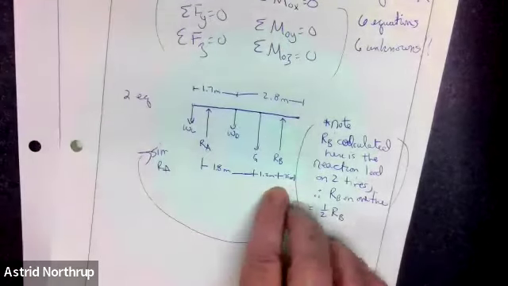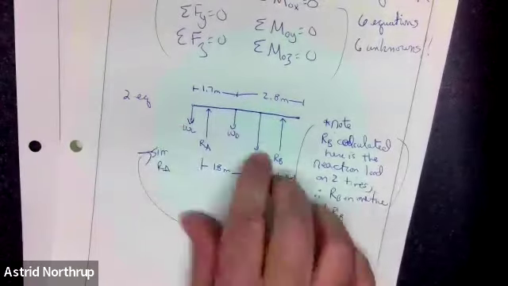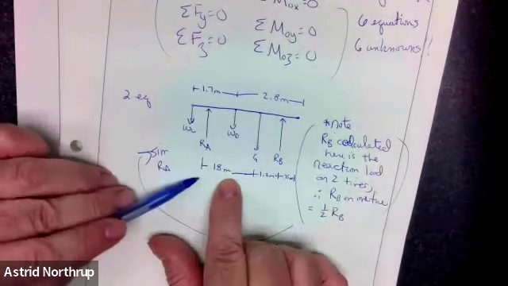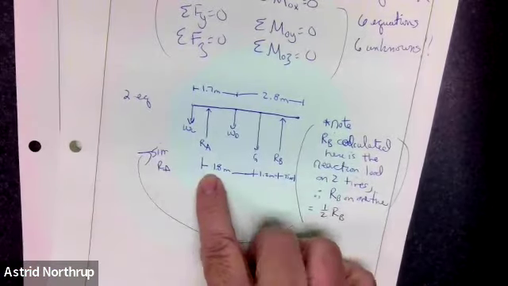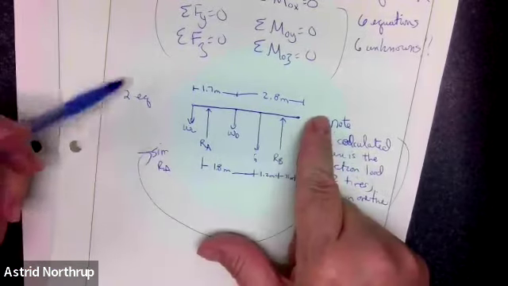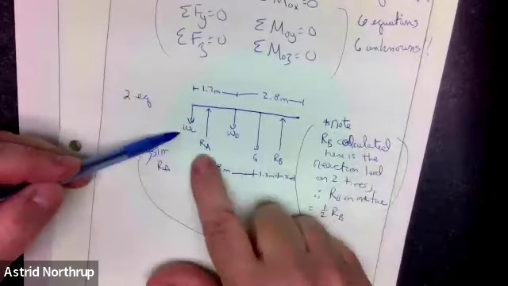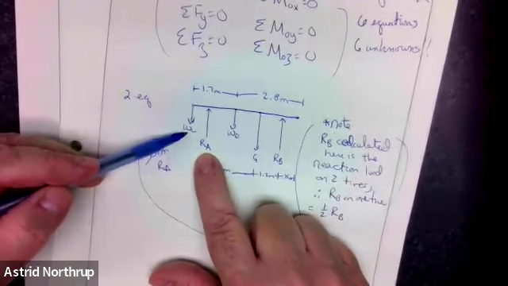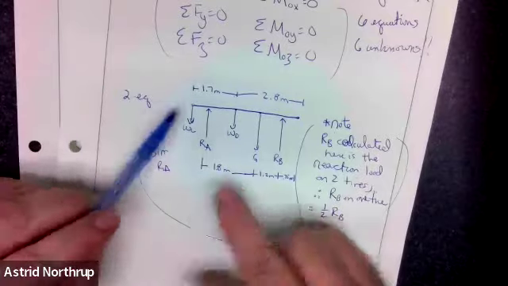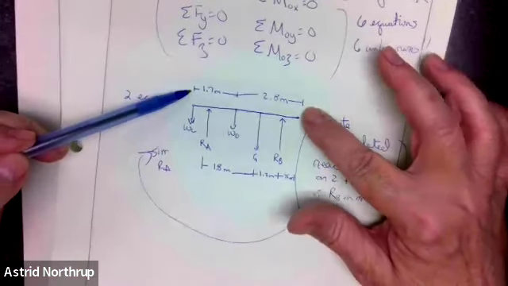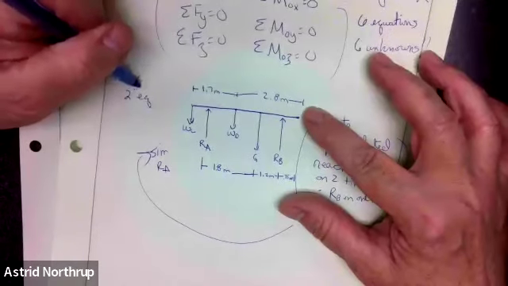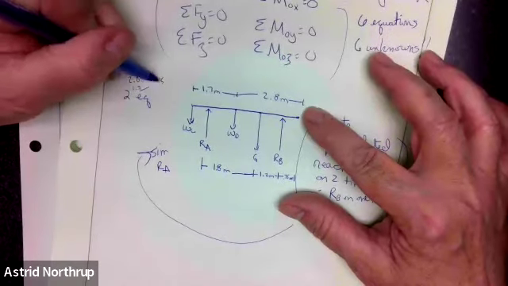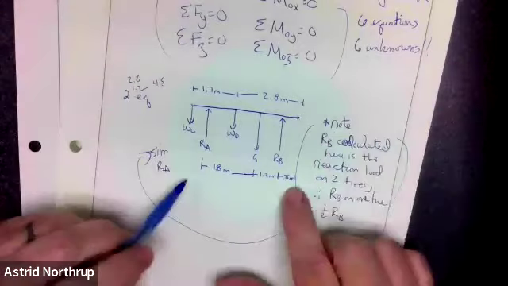Okay. So the next thing I need to do is to make a determination about what the distance is between these loads based on these dimensions. Well, to find the distance between the crate and the rear wheel, I can see that the length of the pickup is 2.8 plus 1.7 meters, which is 4.5 meters.